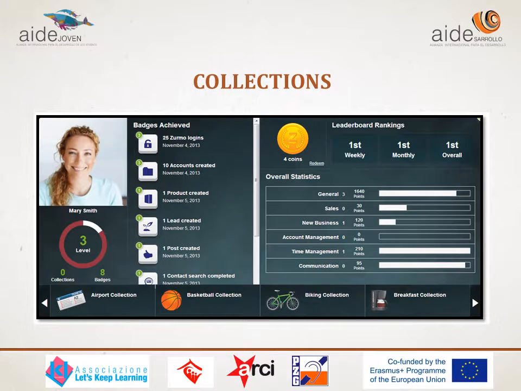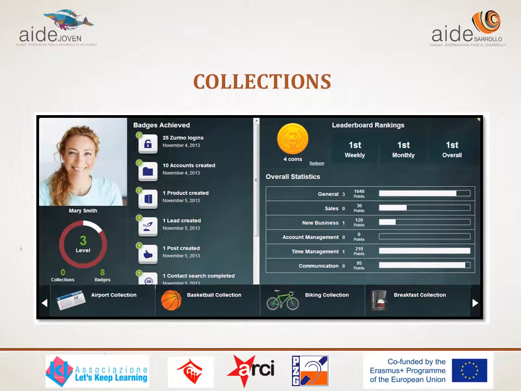But the thing is that when we are talking about gamification, we were saying that we had very specific goals. So how do you put together these goals and the chance? The chance cannot be pure chance. It must be linked to key actions. So in this case, in Surmo, collections can be achieved as they explore the tool.